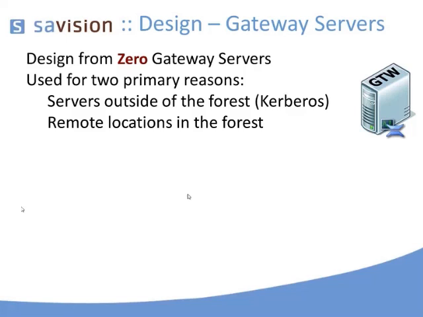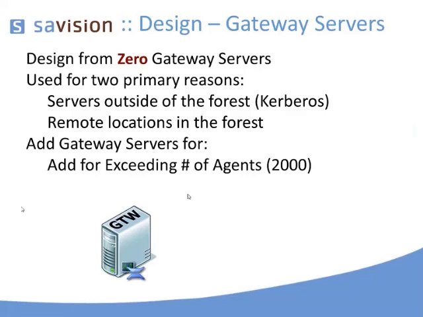So in essence, I could have my 100 servers locally talk to my gateway server that's in the same forest as my other servers in the remote, and in the same forest as the management servers, and just have it gather that data and push it up. So think about that when you're designing your gateway topology, not just outside of the forest, but also potential remote locations either in or outside of the forest.